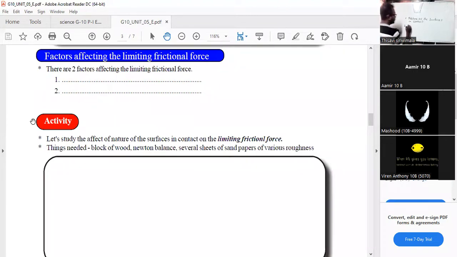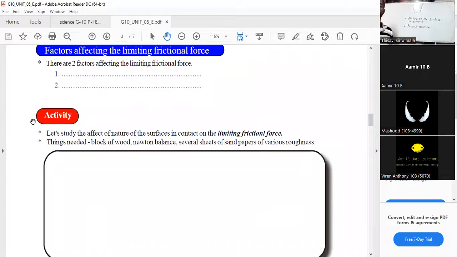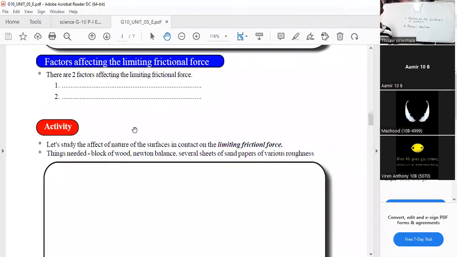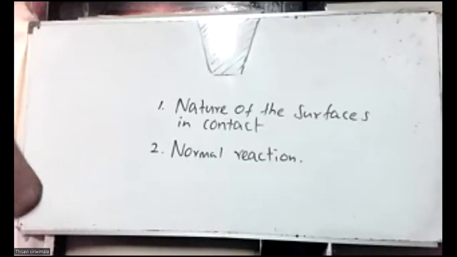Second one: normal reaction. So those are the two factors affecting the limiting frictional force or the friction. So you can write 1 and 2. These are the two factors.